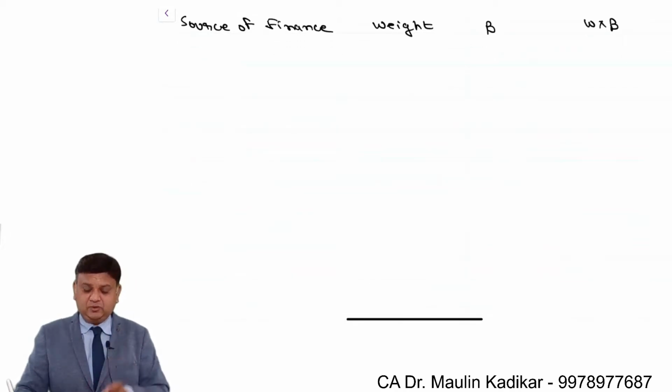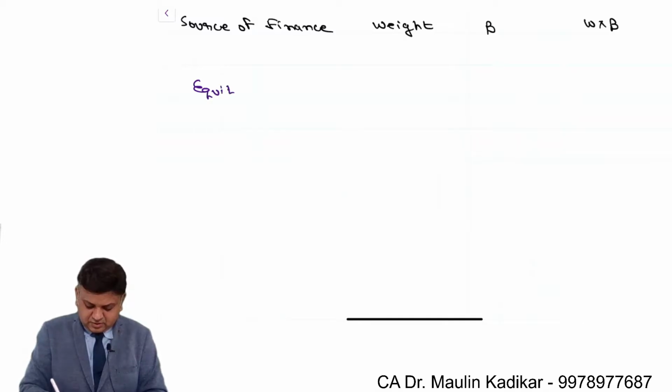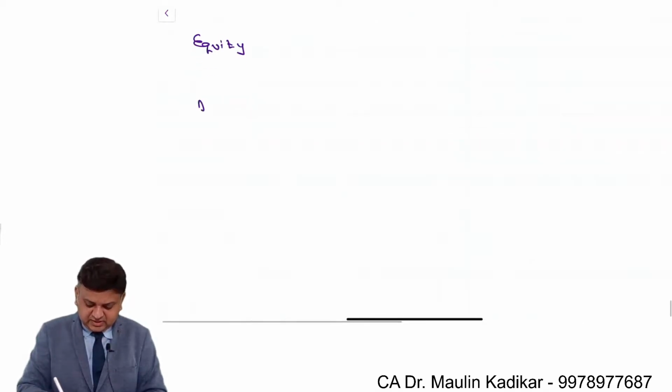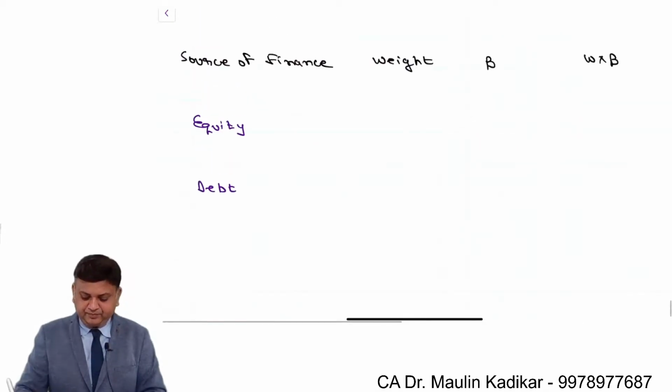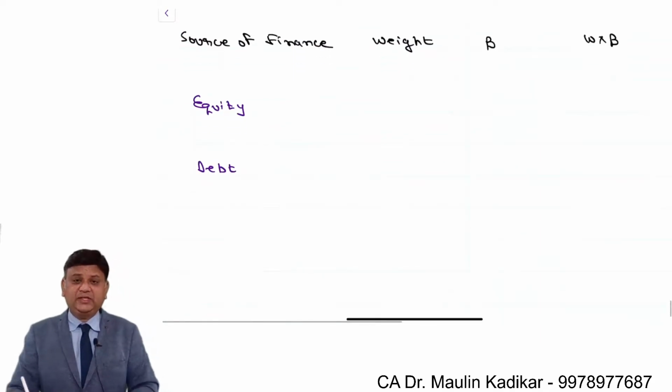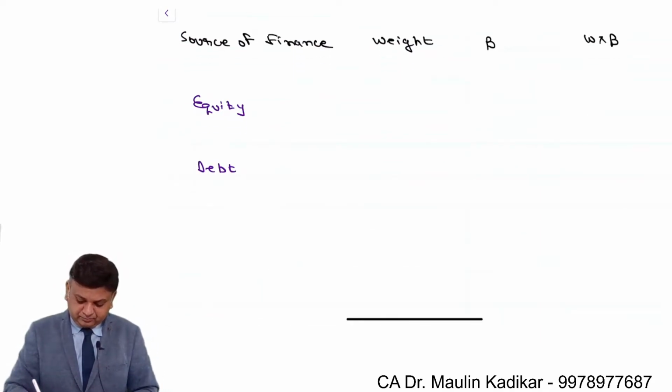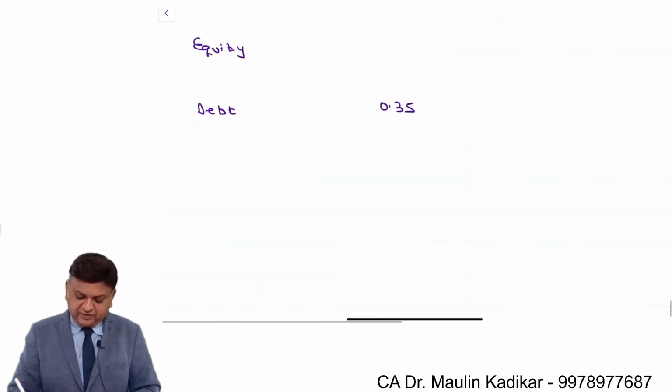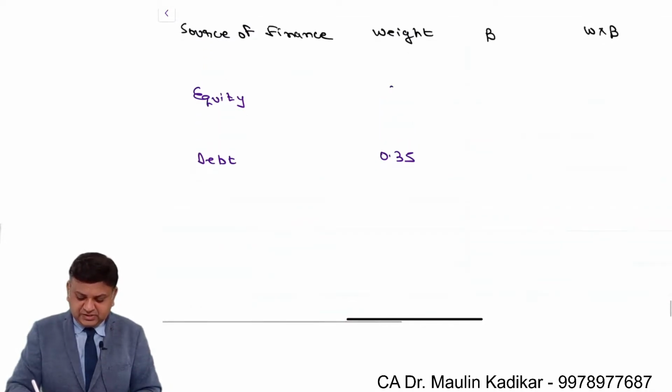Source of finance, there are two sources of finance. One is equity, another is debt. The proportion in which we are raising the funds is 35% debt, so of course 65% is equity.